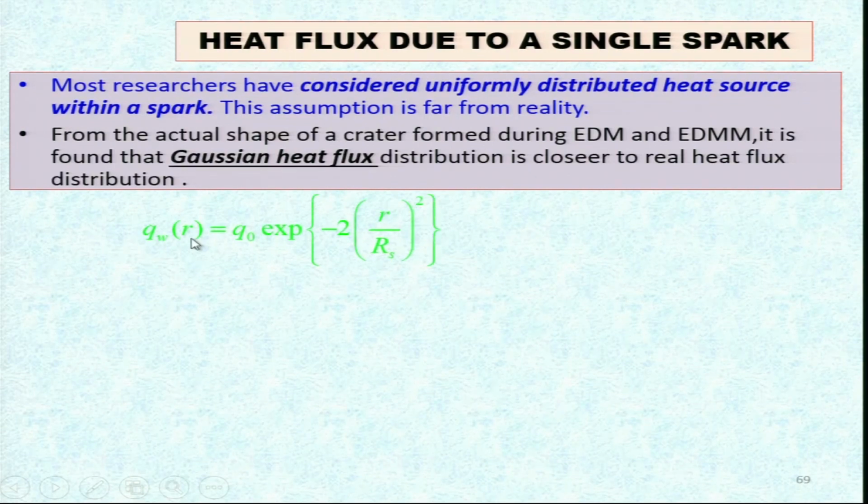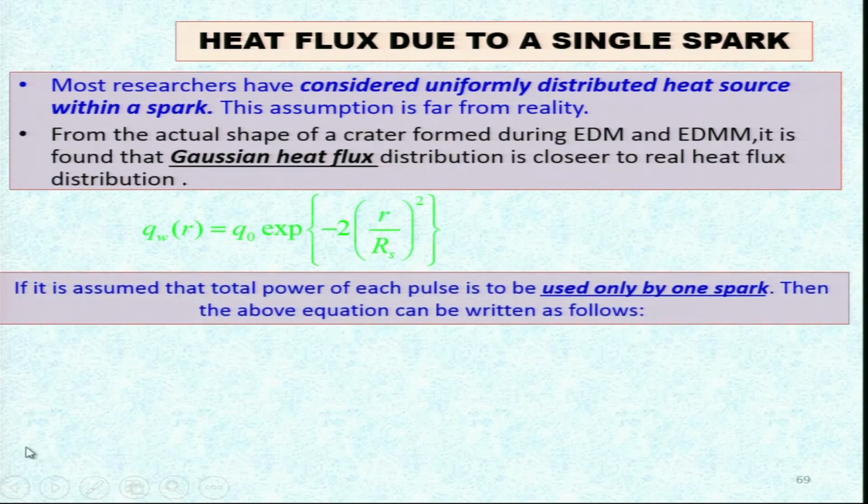Qw(r) equals Q0 exponent minus 2 multiplied by small r divided by Rs raised to power 2. If it is assumed that the total power of each pulse is used by only one spark, then the above equation can be written as follows. Please note I have written one spark in bold face just to tell you that single spark EDMM or EDM is being considered here.